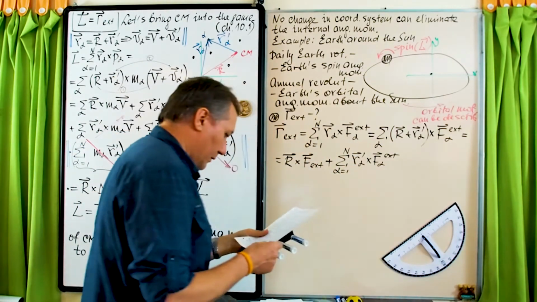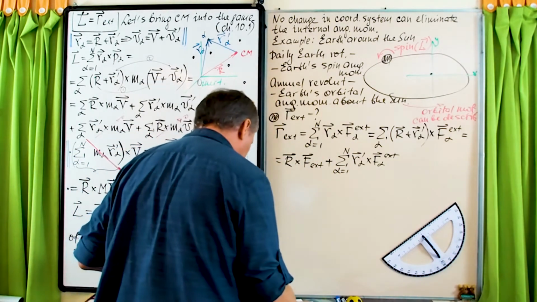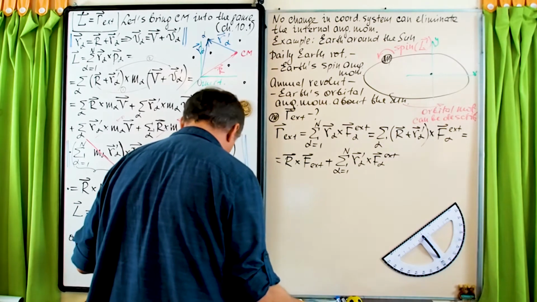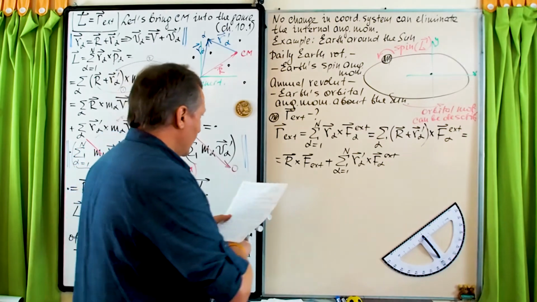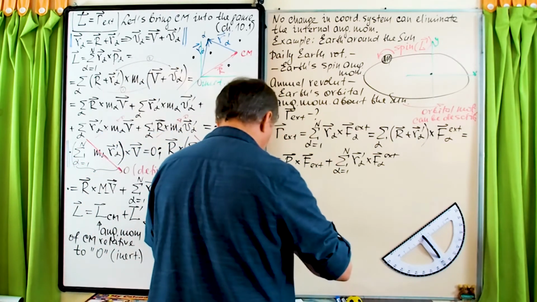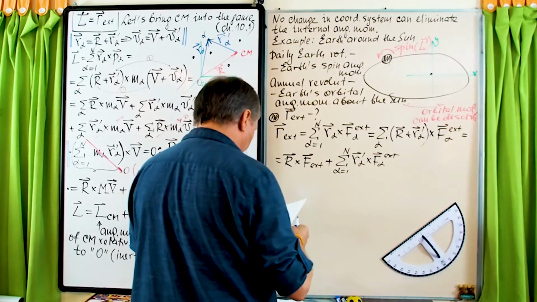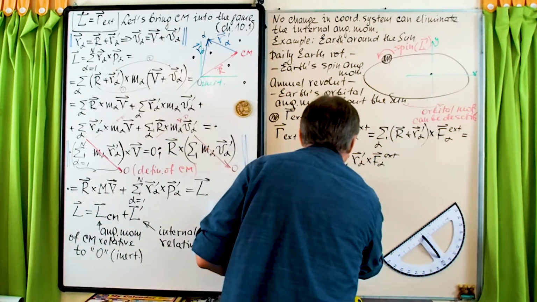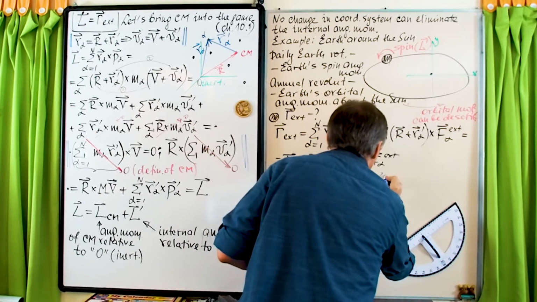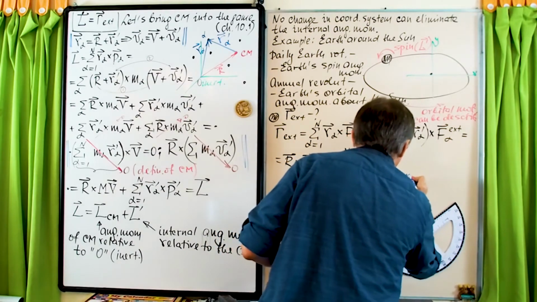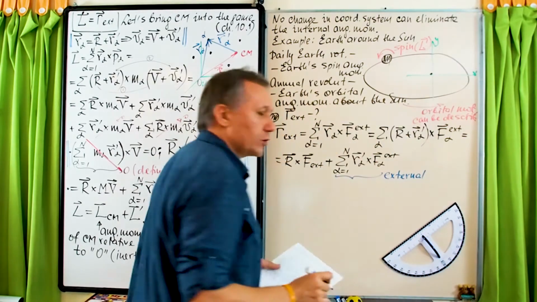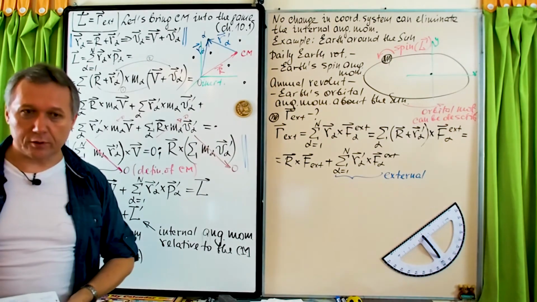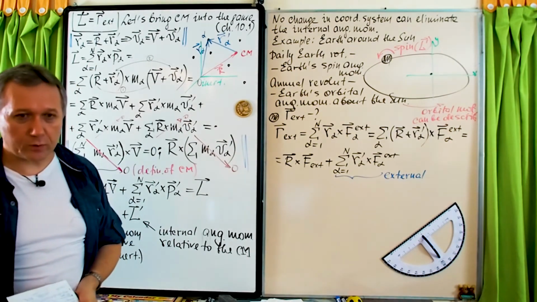And so let me write the names. So this will be the external torque about the center of mass, of course. Right, so that will be the external torque. And again, you see we have only external torques because only external forces are left, right? Only external torques can change the total angular momentum.